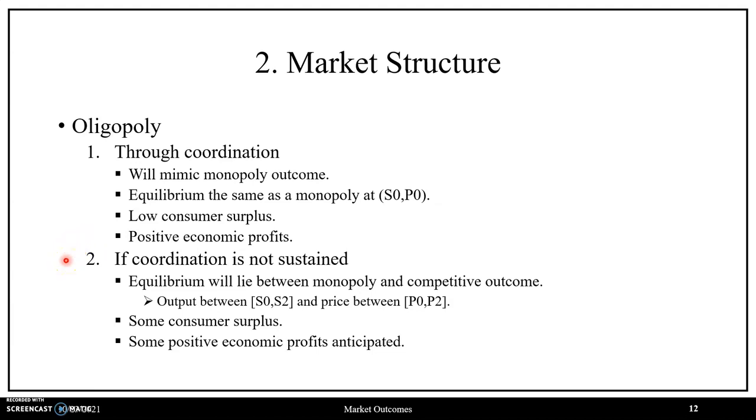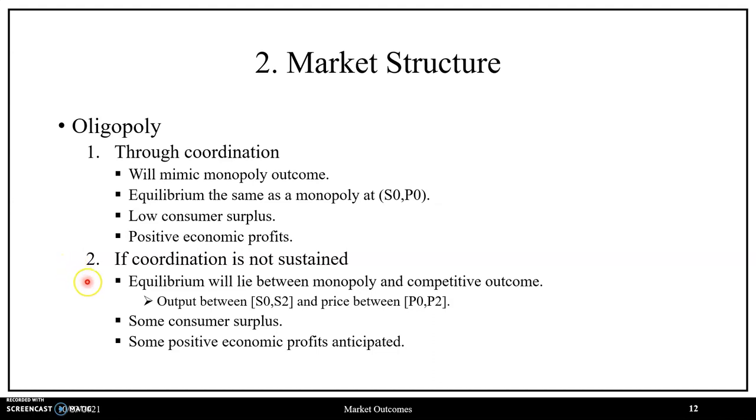Where if this coordination, though, can't be sustained, as mentioned earlier, through some deviation of a firm that retaliates by decreasing their price to get more market share, the other firms will follow suit in this pricing game and decrease their prices.